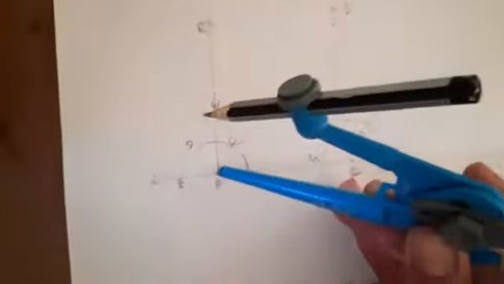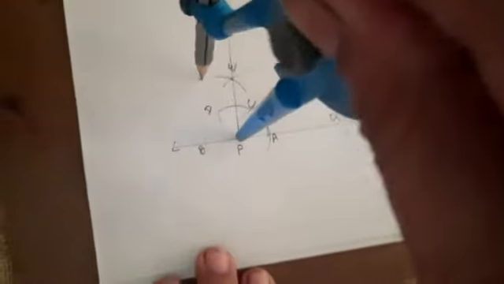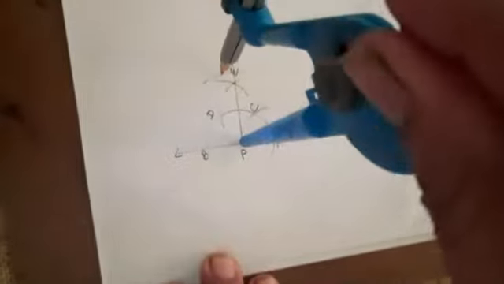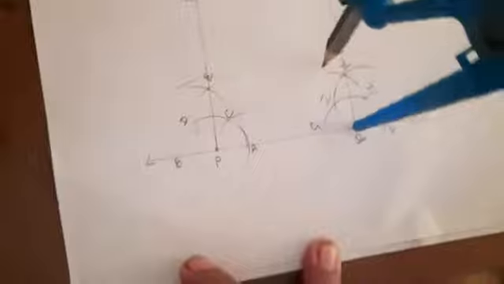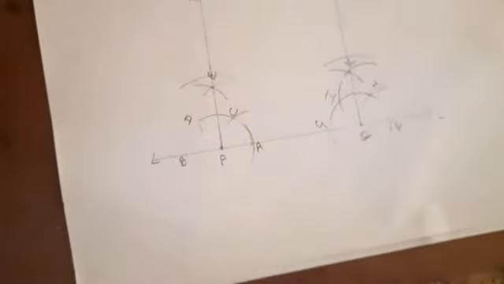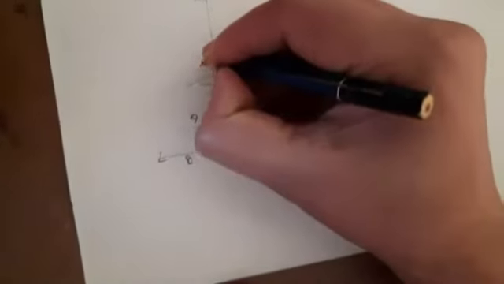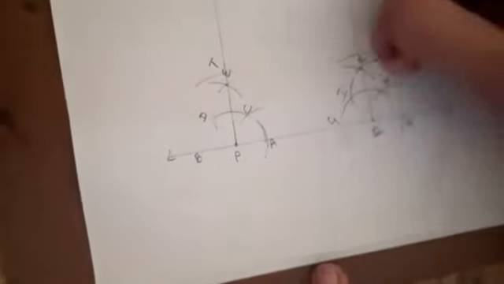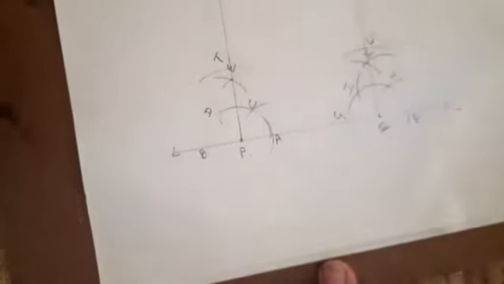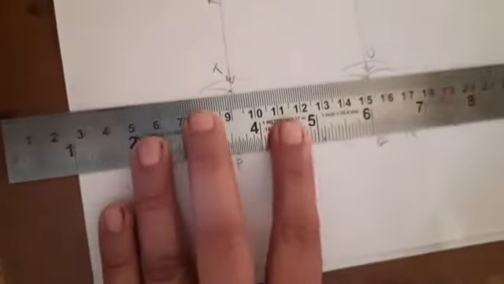Now keep P as a center, draw an arc, the same way Q as a center, draw an arc which cuts the line, that is ray PR at T, and the second arc which cuts the QS ray at U. Now join TU.